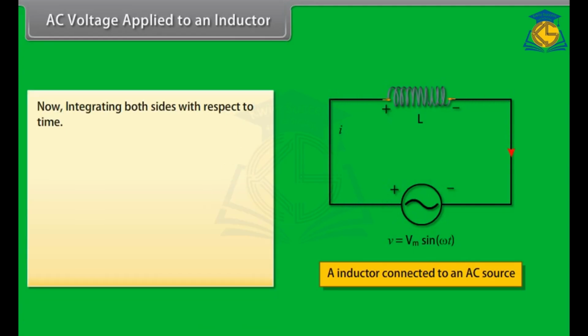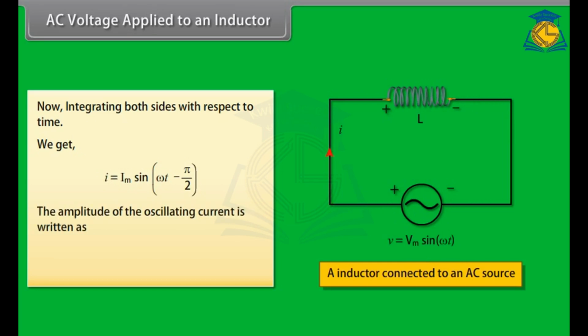Now, integrating both sides with respect to time, we get I is equal to Im sin omega t minus pi by 2. The amplitude of the oscillating current is written as Im is equal to Vm upon omega L. Inductive reactance.